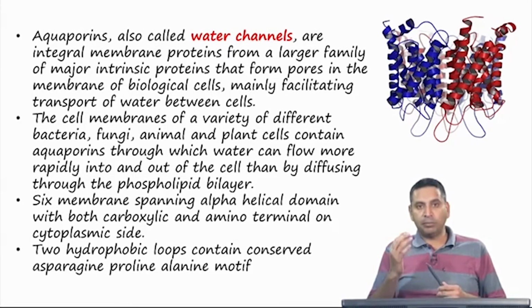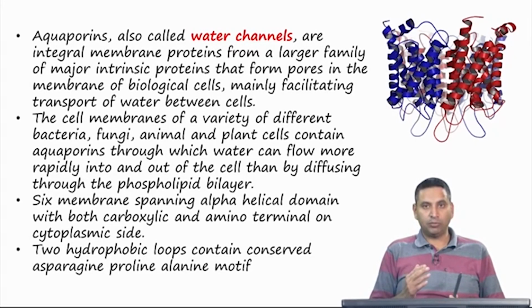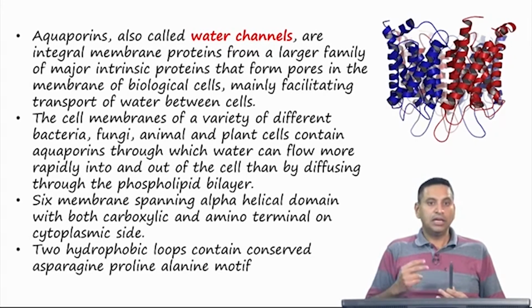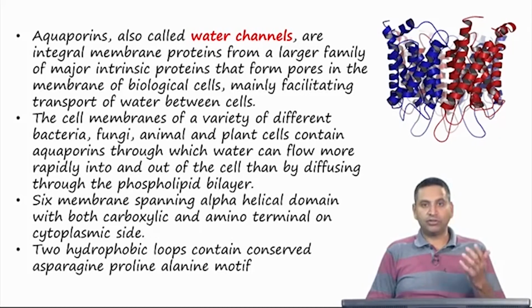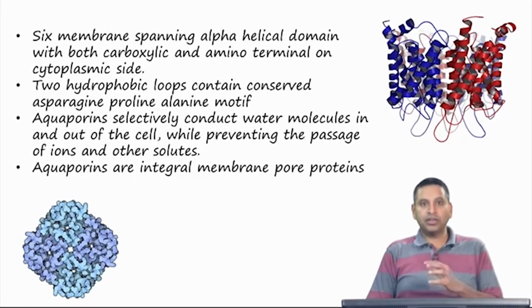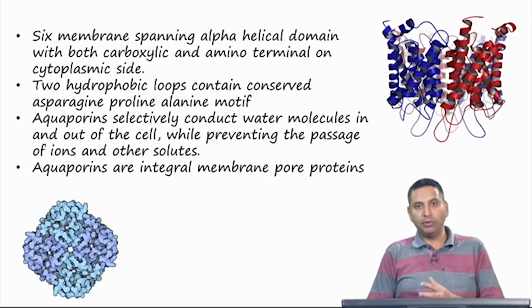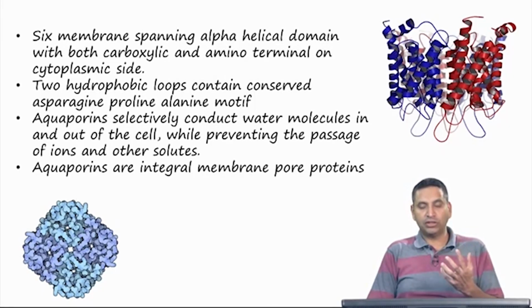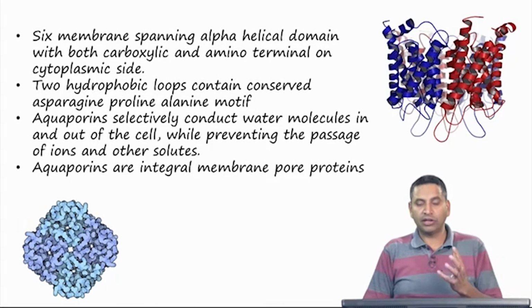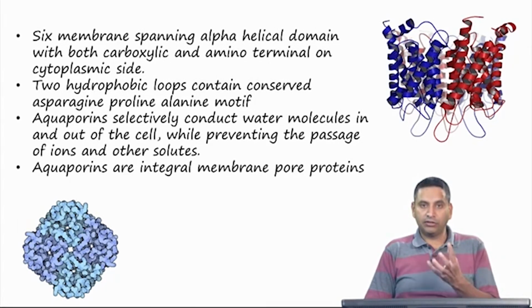There are six membrane-spanning alpha helical domains, with both the carboxyl and amino termini on the cytoplasmic side. And then there are two hydrophobic loops which contain the conserved asparagine, proline, alanine motif. So, aquaporins help in selectively conducting water in and out of the cell while preventing the passage of ions or other solutes. Therefore, aquaporins are important components in this process.